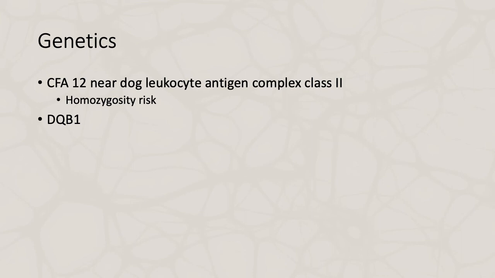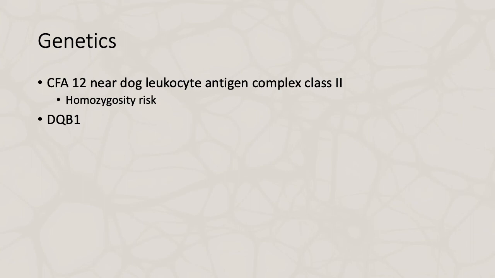Genome-wide association studies identified CFA12 near the dog leukocyte antigen, the DLA, and subsequently focused on the region containing the DLA DRB1, DQA1, and DQB1 genes. Although the causative mutation has not been identified, fine mapping and candidate gene studies implicated linked allelic homogeneity in the risk of developing NME.